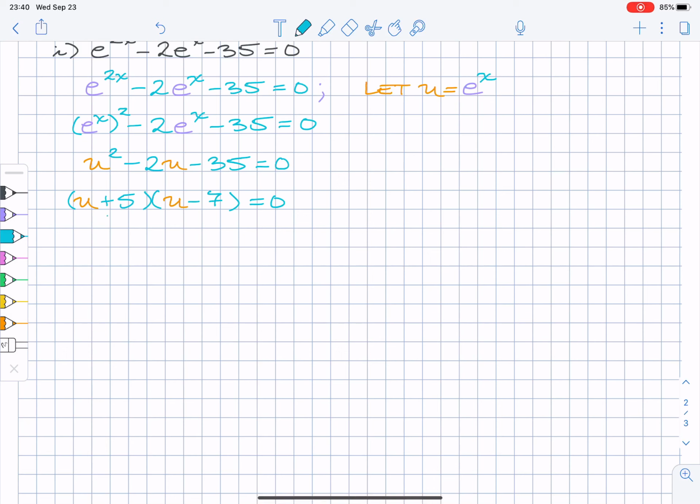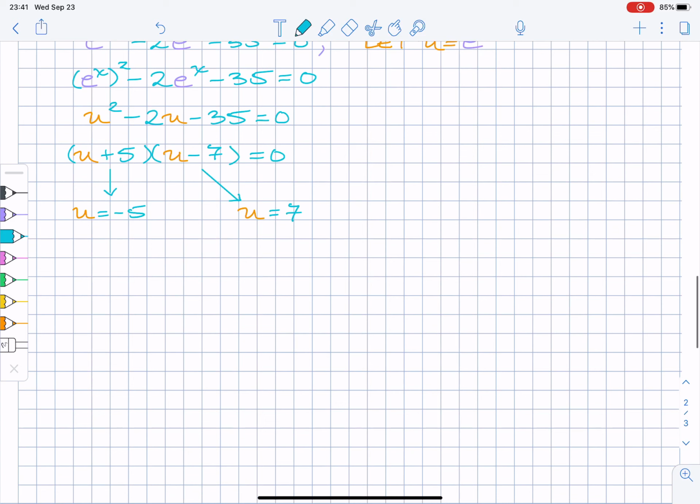So using the zero factor property, I have that u is equal to negative 5, and in the second factor, I have that u is equal to positive 7, because we want to set these to 0. But what was u? U was a placeholder for e to the x. So here e to the x is negative 5, and over here we have e to the x is positive 7.